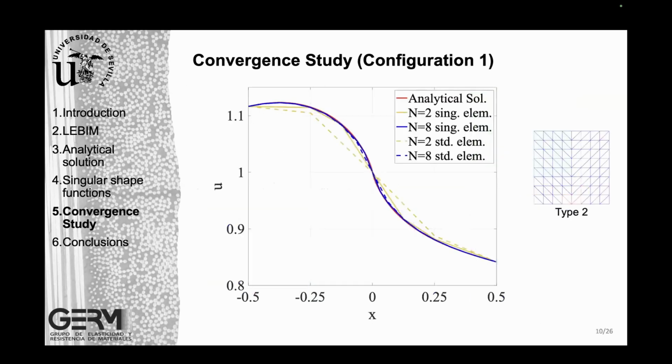So the results we obtain, we can compare, as I said before, with the analytical solution. As we can see here, the convergence of the solution is quite fast, especially for the singular elements.